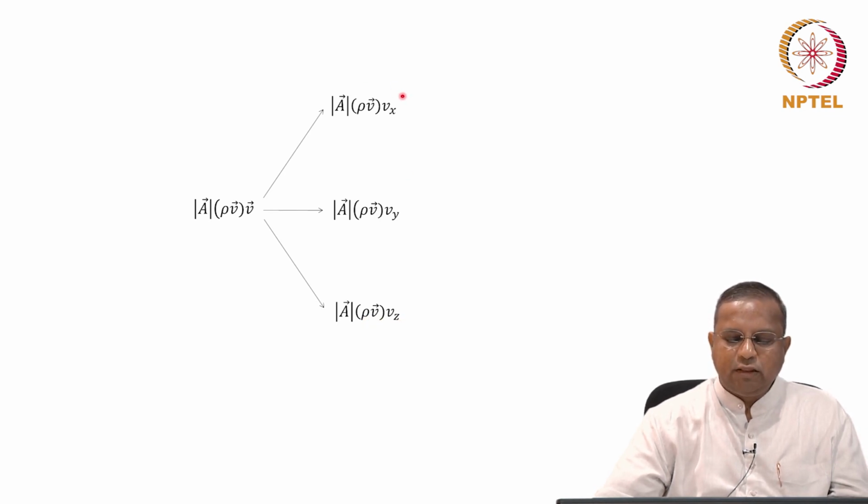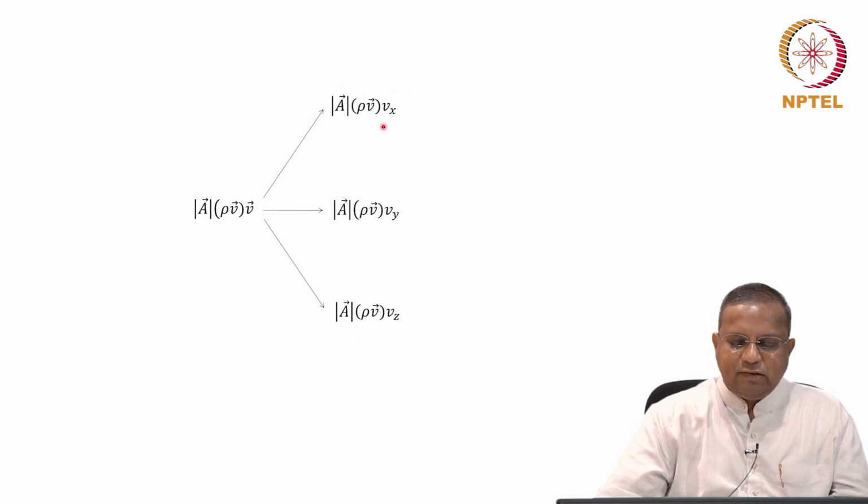For short, this is the momentum in the x direction or x momentum rate, momentum rate in the y direction, or y momentum rate, and z momentum rate. This is the way we are going to call these things. Each of these has three components for vx, vy, vz here of this v, that is the one within brackets.